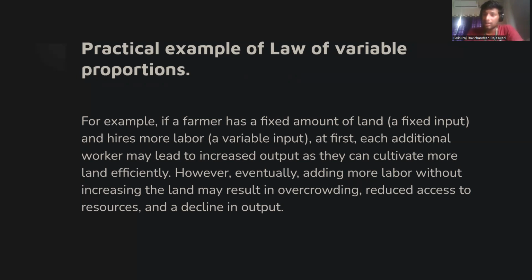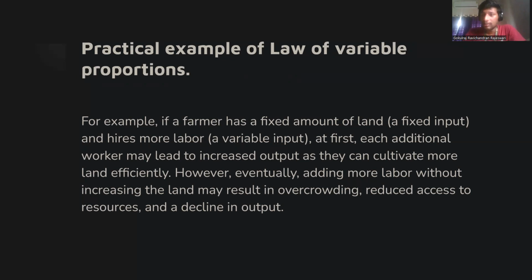So the farmer, looking at this, will hire more people to increase his output. However, eventually, after crossing a certain limit, adding more and more people will only lead to reduction in output, as there will be overcrowding, less access to resources.